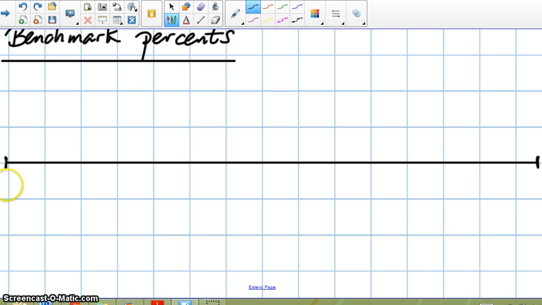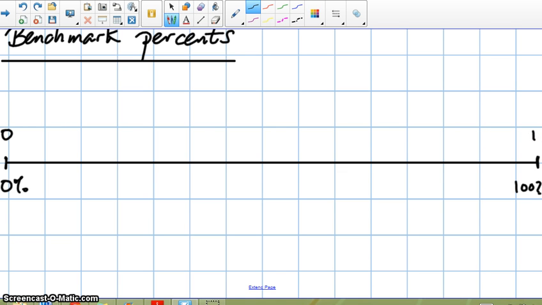Okay, so at the far end of our number line, what we have here is 0. Actually, what we have is 0%. At the far end here we have 100%. Now, 0% doesn't correspond to a fraction, it's just 0 up here. 100% would be 1 whole, so we just put 1 there.